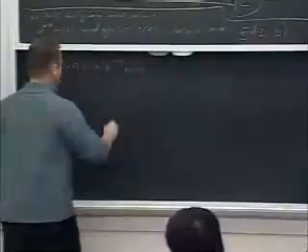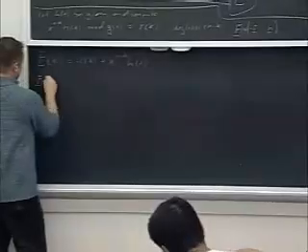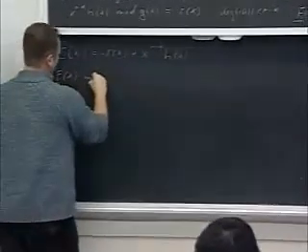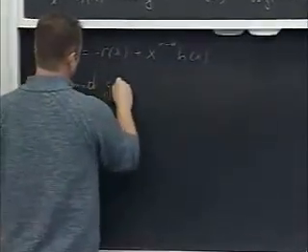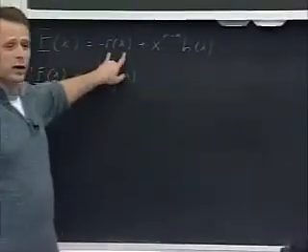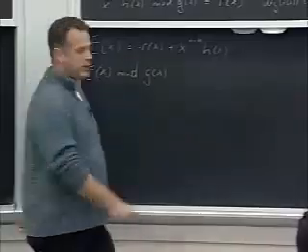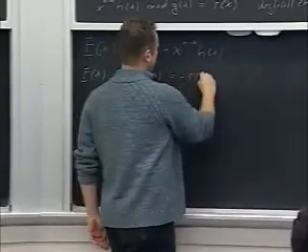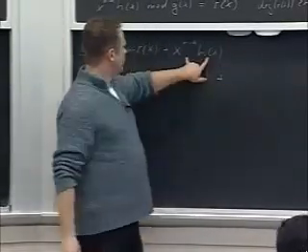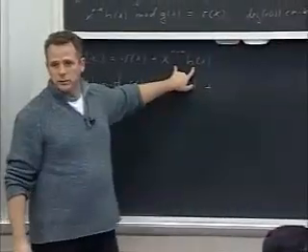If we now take f(x) modulo g(x), this part has low degree, so it's not affected by the modulo operation. This would be minus r(x) plus this one modulo g(x), which is r(x).